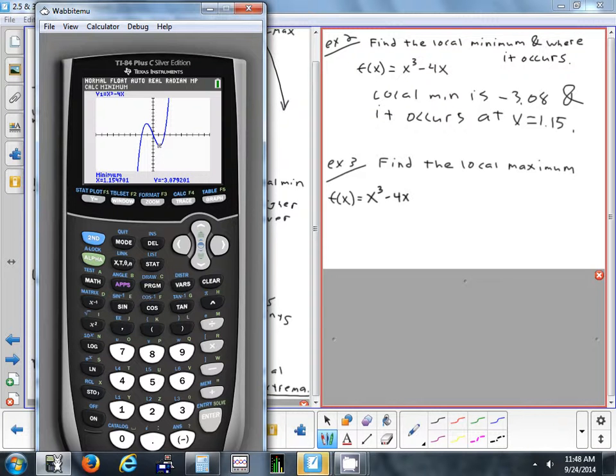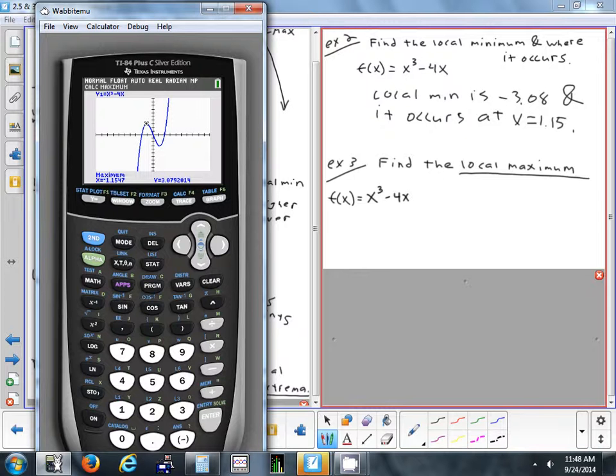The second one, they're just asking me for the local maximum, not where it occurs. So for example 3, I just need a y value. So we calculate maximum. Go left, right. The maximum is 3.08.